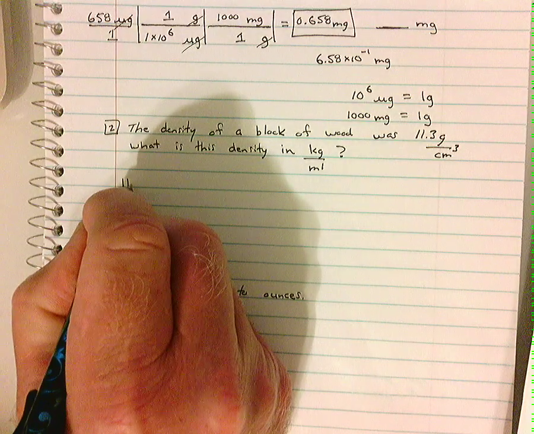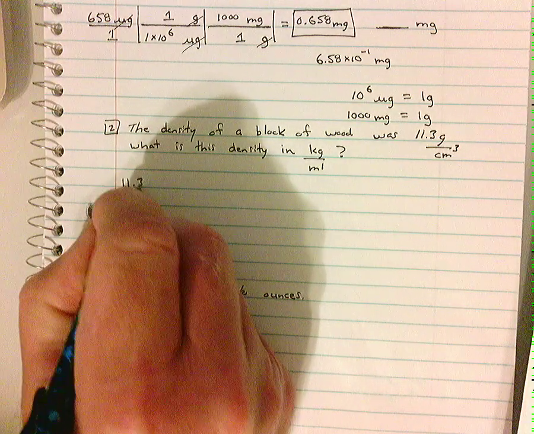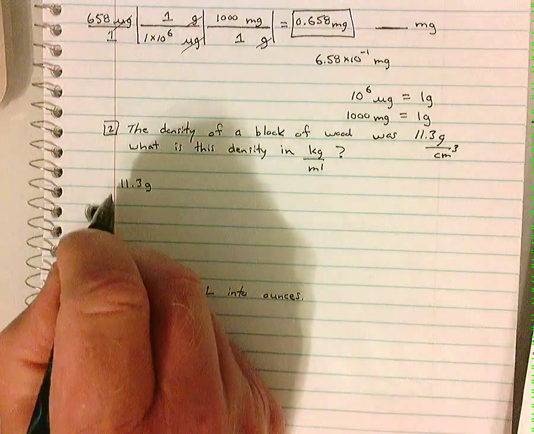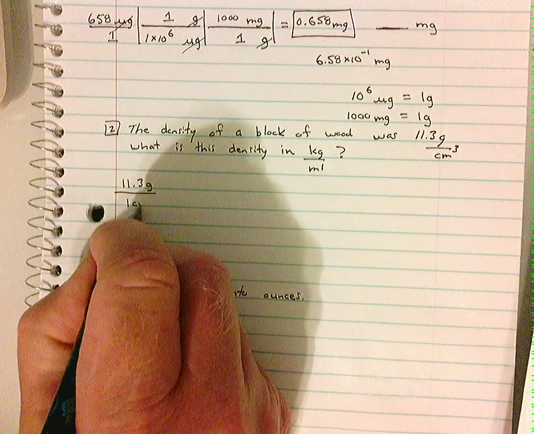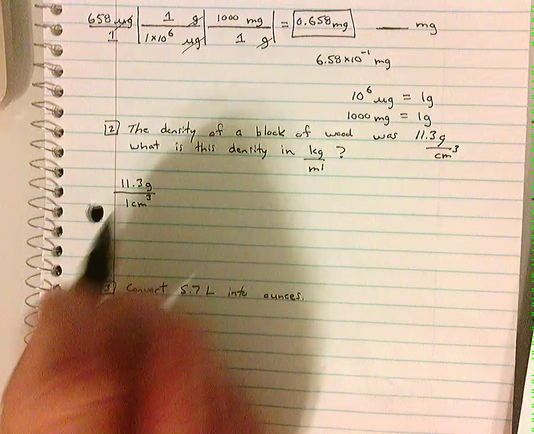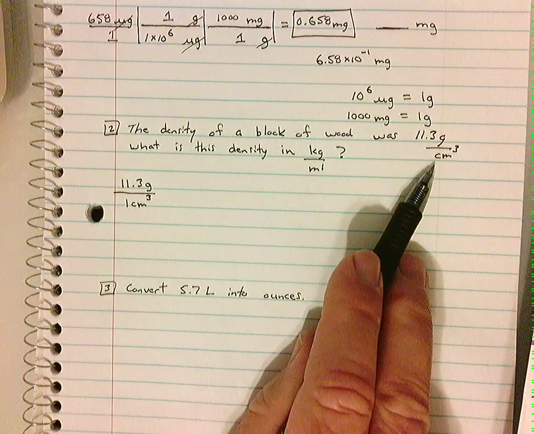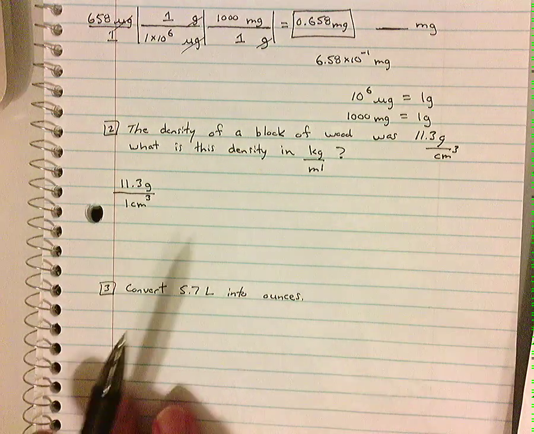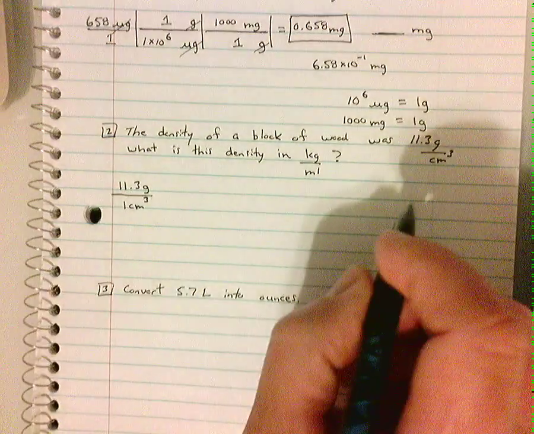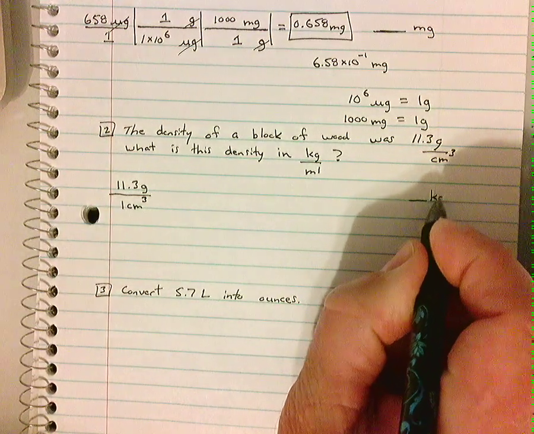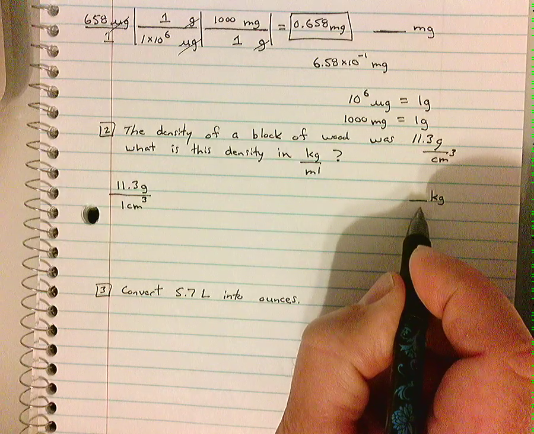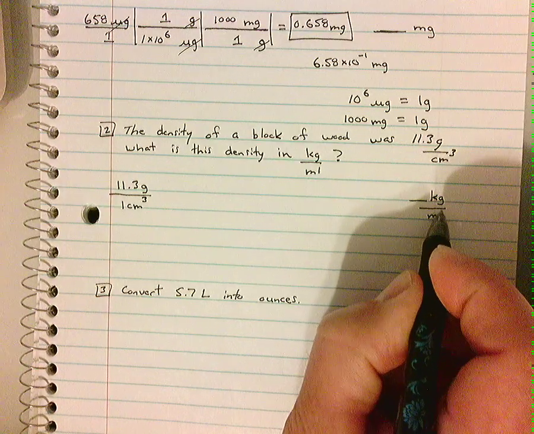We just take our 11.3 grams, and instead of putting it over 1, we just put it over 1 centimeter cubed. Remember, if there's no number on the bottom, there's an understood 1 there. The units we're trying to get to are in kilograms per milliliter.